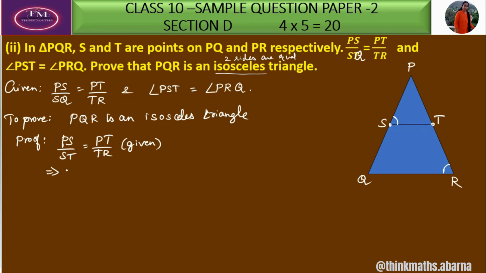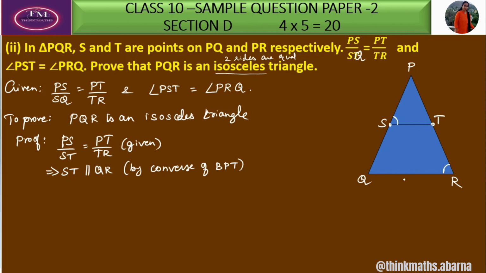So this implies ST is parallel to QR. This is by converse of BPT. In BPT we prove the proportionality if a side is parallel. So here they gave the proportionality. So by converse of BPT, ST is parallel to QR.